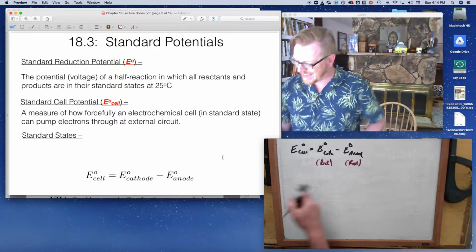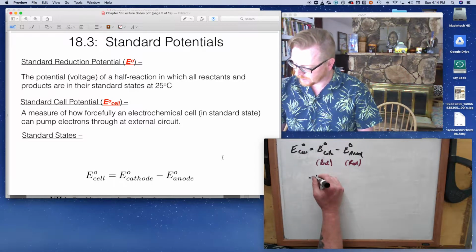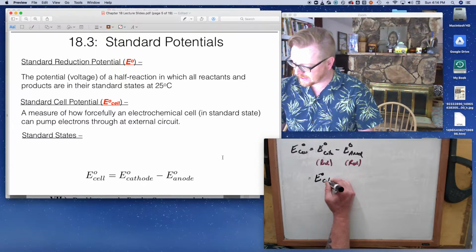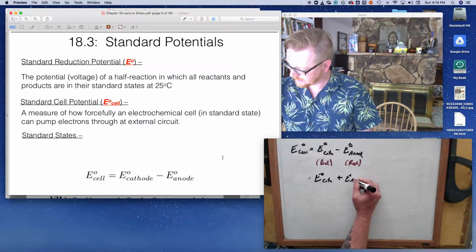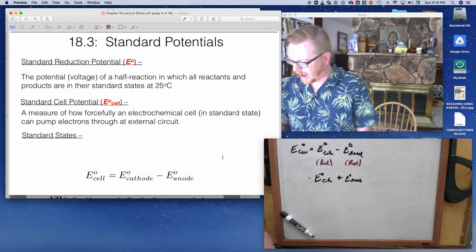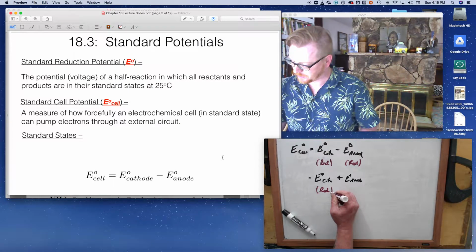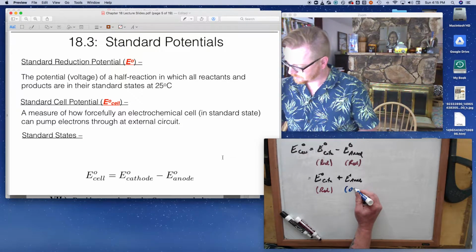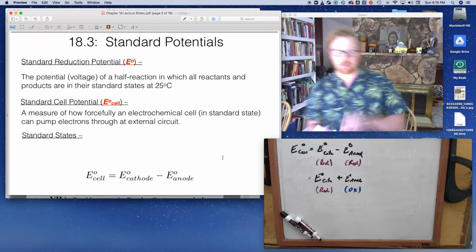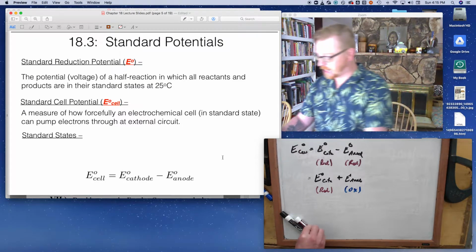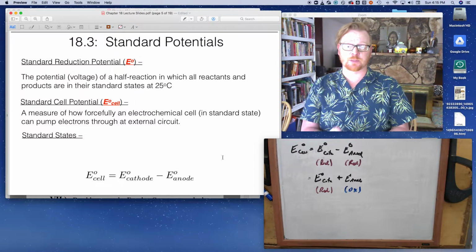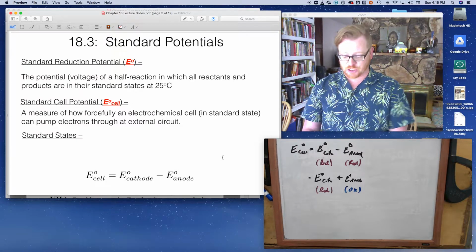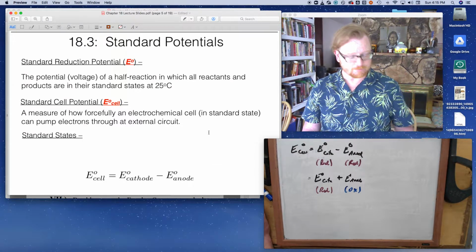This is the same thing as if I write E cathode plus E anode, where now this is a reduction potential, but this is an oxidation potential. So I can make any reduction potential into an oxidation potential, or vice versa, by changing the sign. And I'm going to show you two ways that we can calculate that.